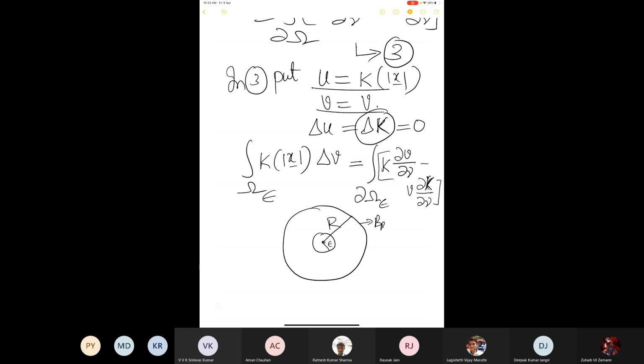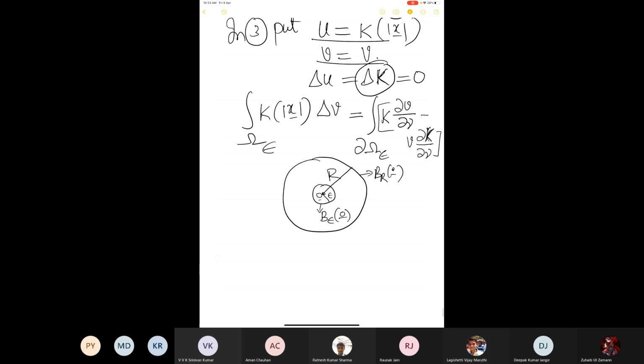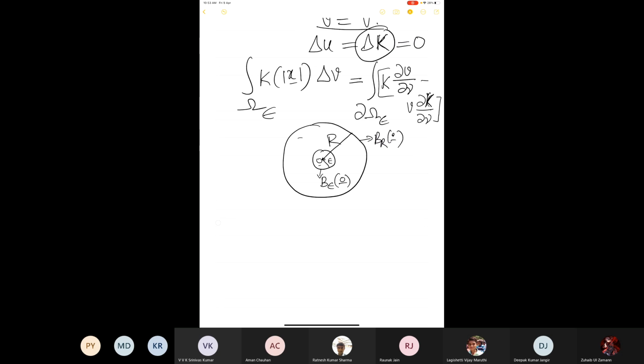This ball is B_R at 0, this ball is B_epsilon at 0, and this annular region is our omega epsilon. So the boundary is boundary of B_R union boundary of B_epsilon. Now this boundary of omega epsilon will divide into two integrals.